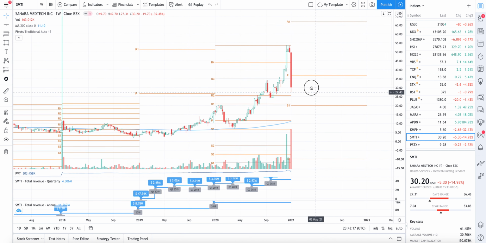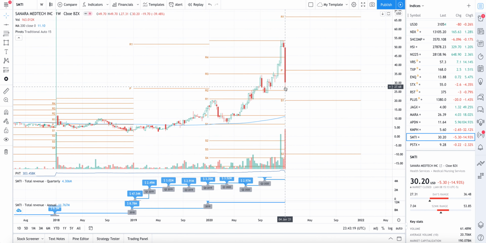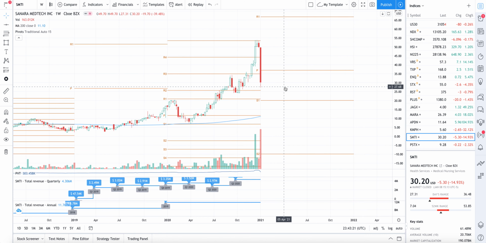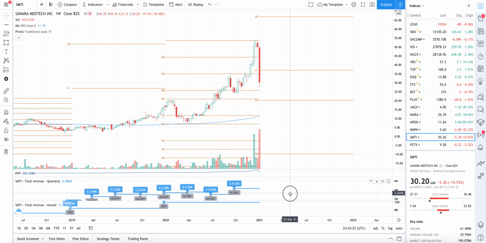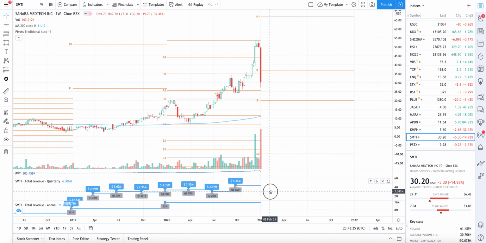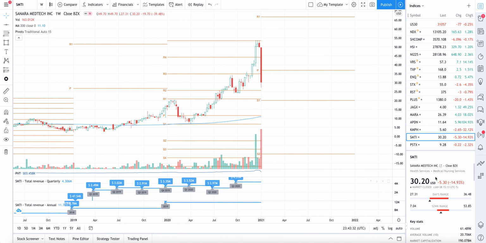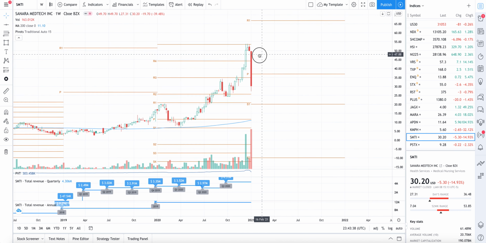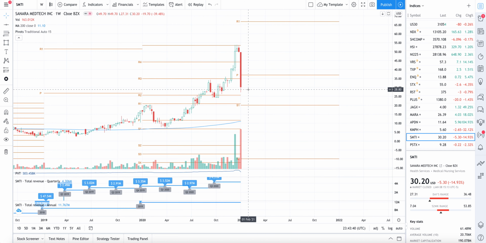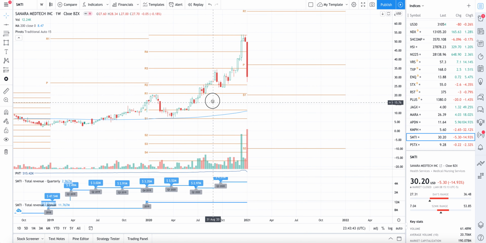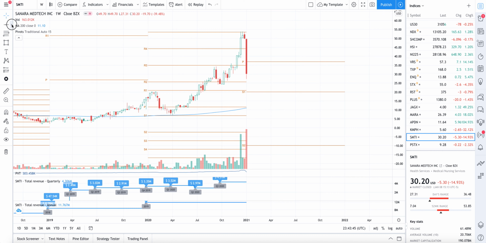SMTI, Sanara Medtech, again a big drop in price on volume as well. It reported a revenue increase in the third quarter of 2020, and had a huge rally going into the end of last year at least, so it could potentially be one that comes back from this quite quickly.